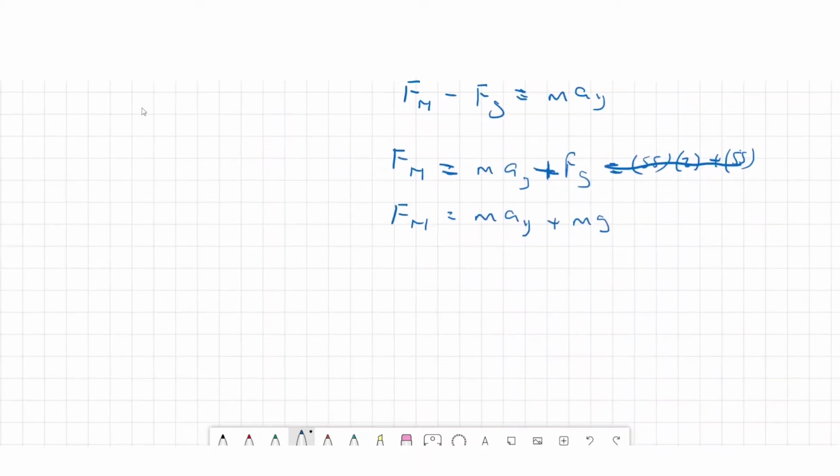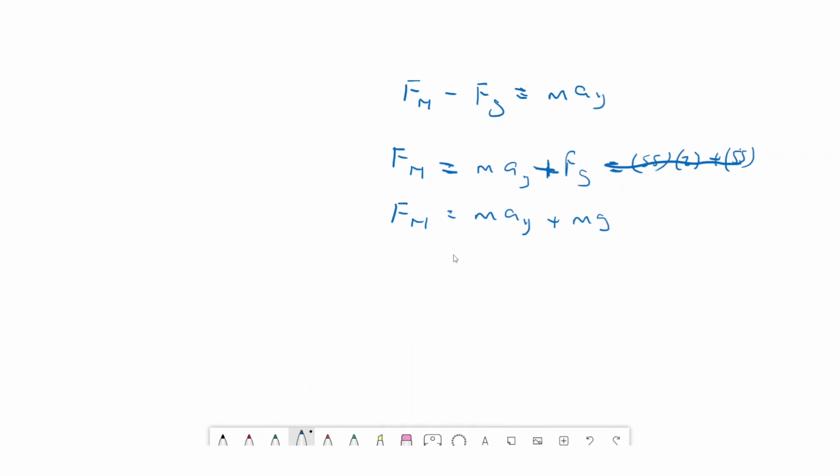Some will simplify this, they will just take out m and then you're left with m(ay plus g). If you want, you can call this a, because it's the only acceleration, plus g. So it's the same thing. If you want, you can do that.